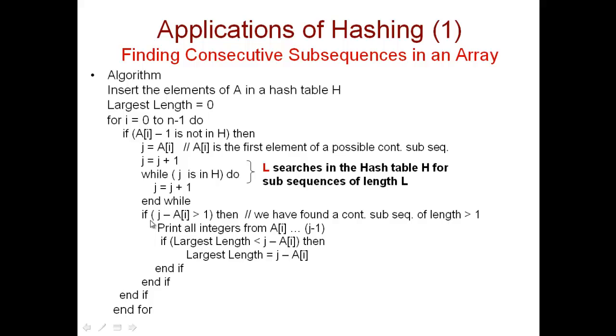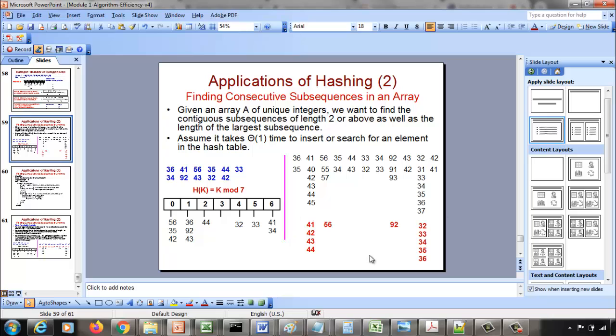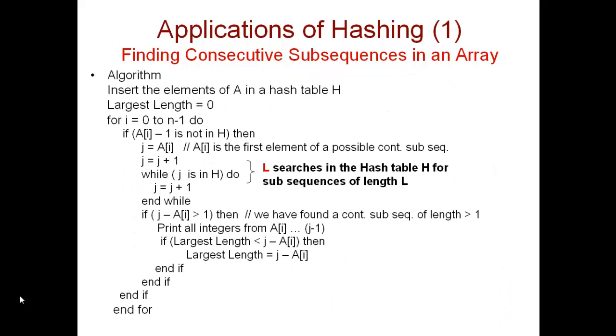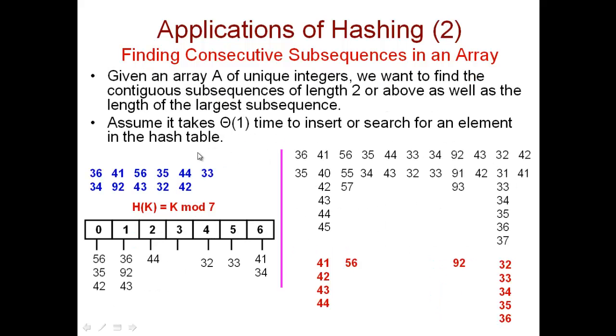We come out and j is 57, minus 56 is 1. So 1 is not greater than 1. So we don't even go inside the if block. So this output 56 should not be printed. I am just printing it to show that with this logic we could even find subsequences of just length 1. Okay. Then move on to the next integer, which is 35.